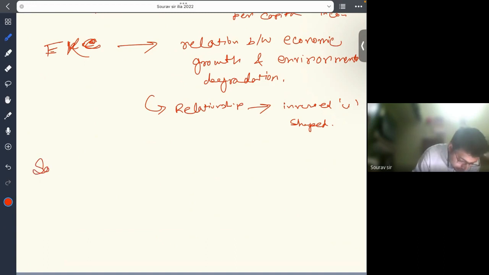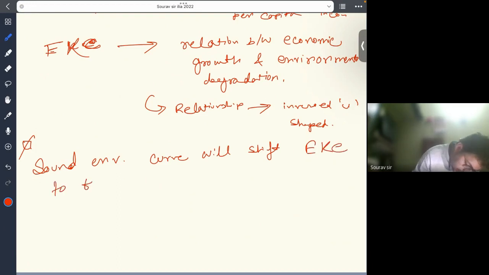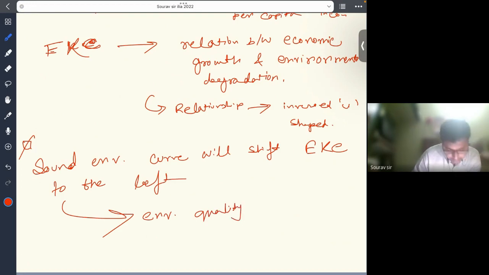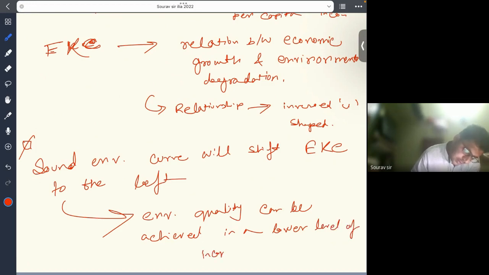So this second part: sound environmental regulation will shift the EKC to the left, which shows that environmental quality can be achieved at a lower level of income also.